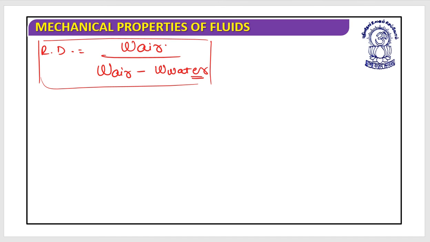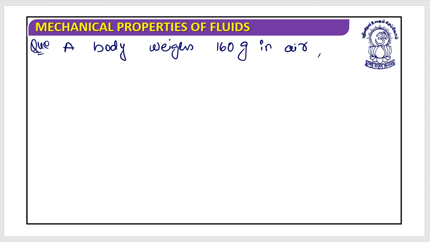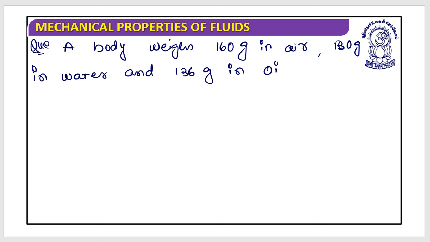Let's have a look. Suppose someone asks me, let's suppose a body weighs 160 g in air, 130 g in water, and 136 g in oil.